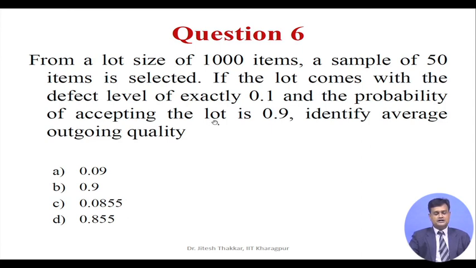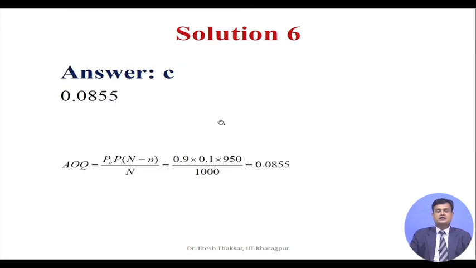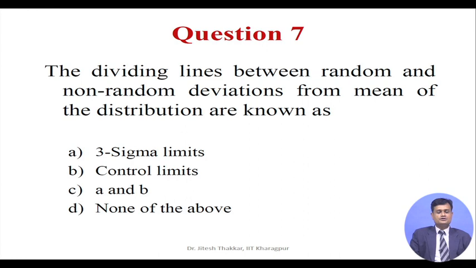You have 4 options on the screen, and the correct answer is C, 0.0855, as AOQ is equal to Pa into p into N minus n divided by N, which is equal to 0.0855.